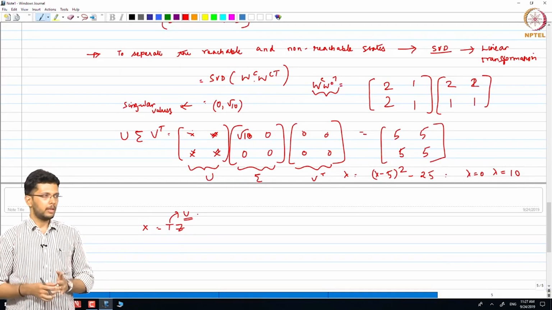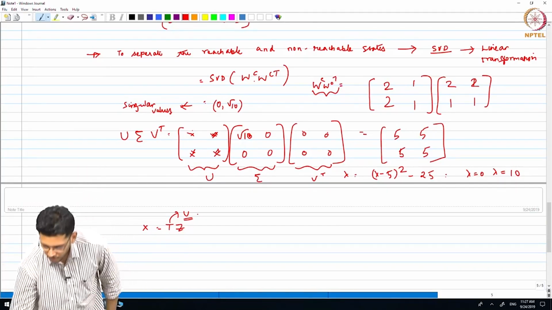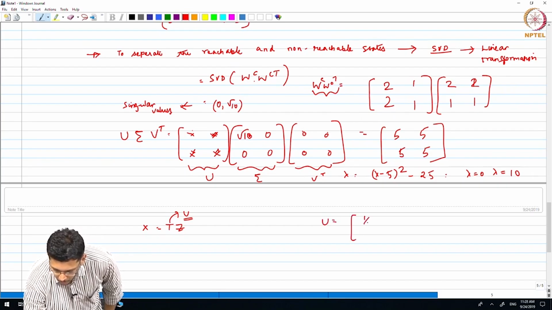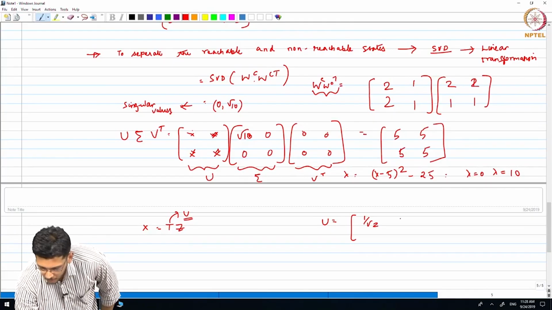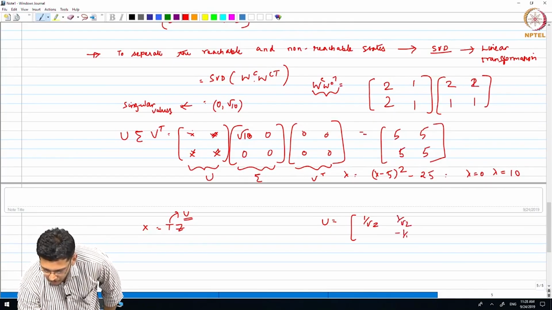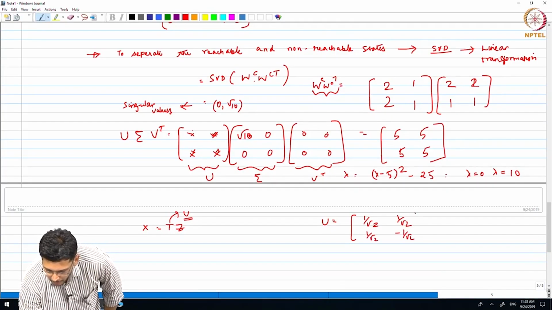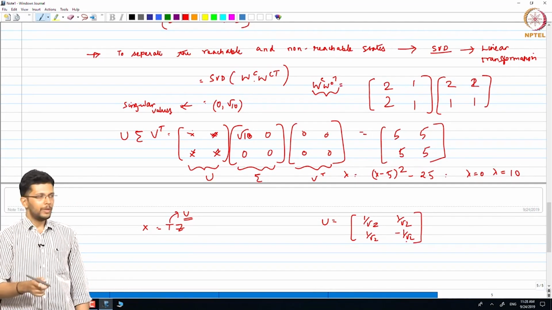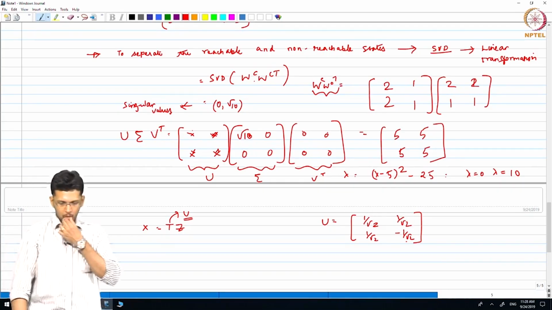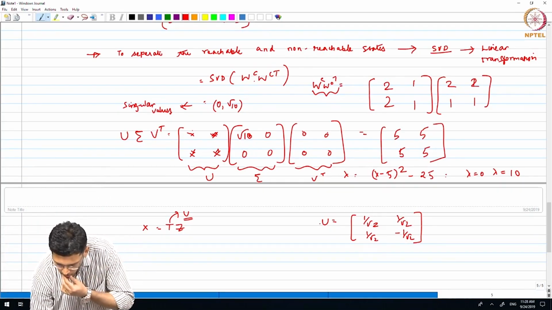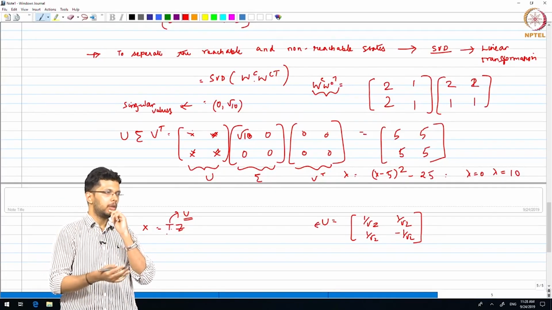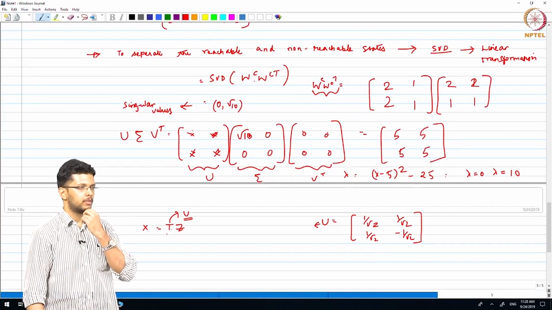If you calculate, you will get U equal to [1 by root 2, 1 by root 2; minus 1 by root 2, 1 by root 2]. Note that U and V are orthogonal matrices. When you substitute this U in the transformation, you will be able to segregate your reachable and non-reachable states.